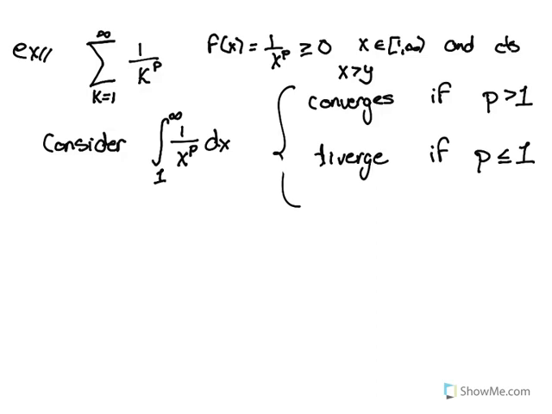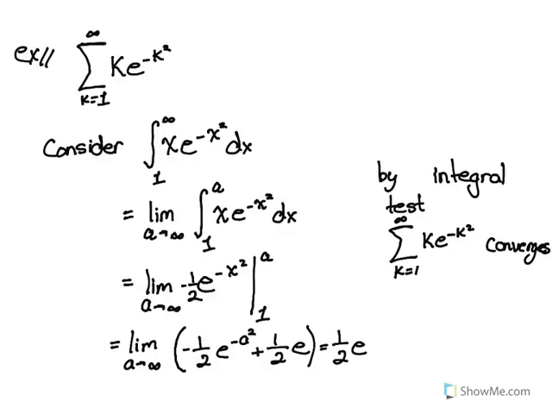If x is greater than y, that implies that x to the p is greater than y to the p, which implies that 1 over x to the p is less than 1 over y to the p. So again, it's continuous, it's greater than or equal to 0, and it's decreasing. Therefore, we can use the theorem to say that it converges if p is greater than 1, and it diverges if p is less than or equal to 1.